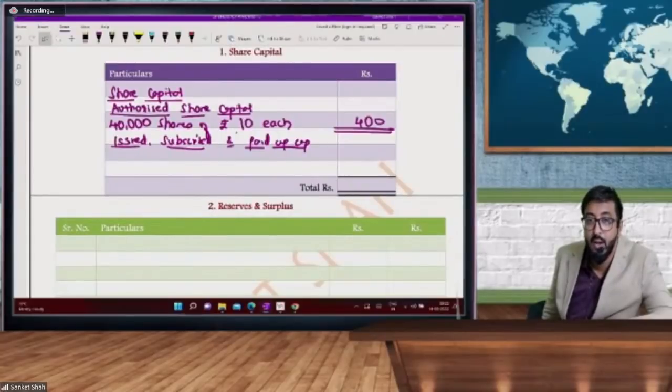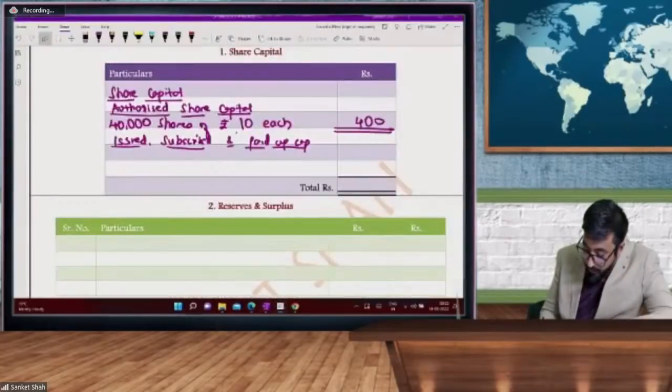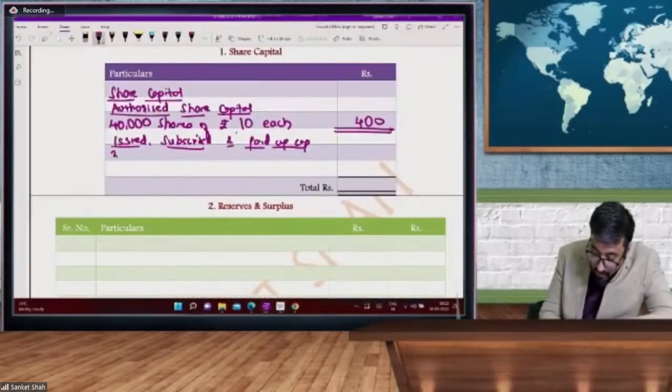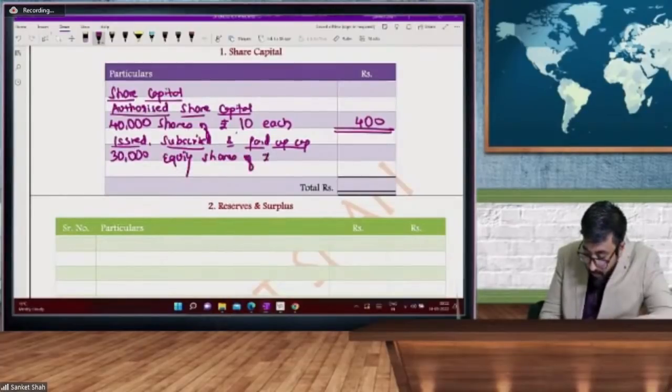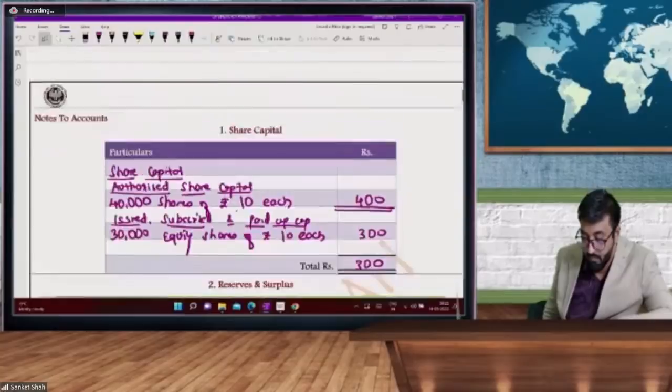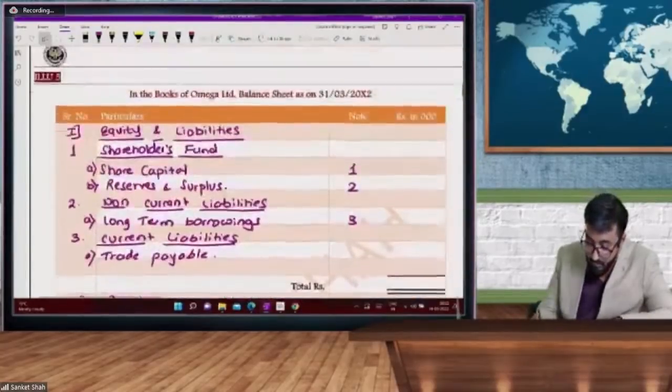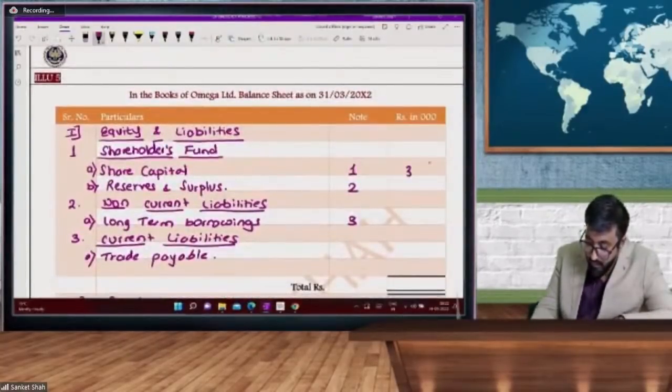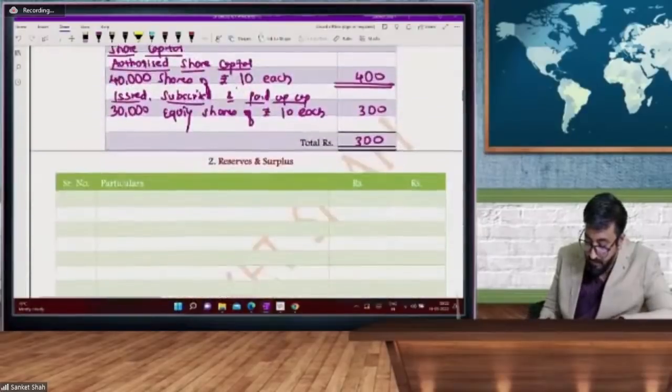Authorized capital never take it in total, always take issued capital. So issued capital 30,000 equity shares of 10 each, 300. We will finish it afterwards. Okay, 300.